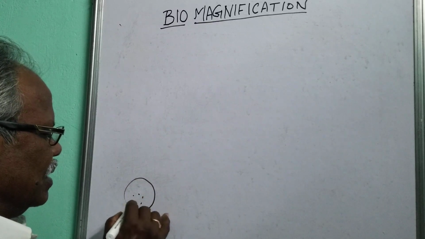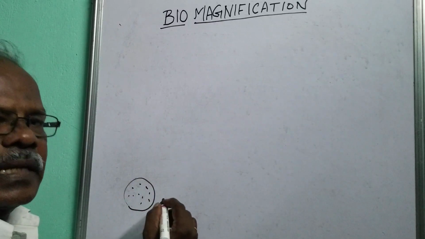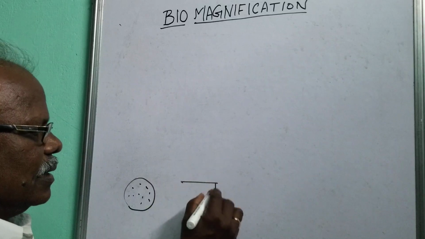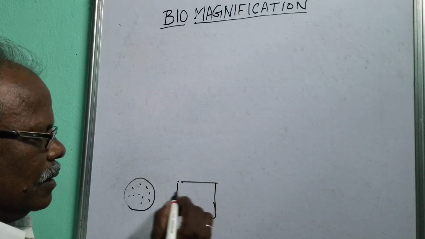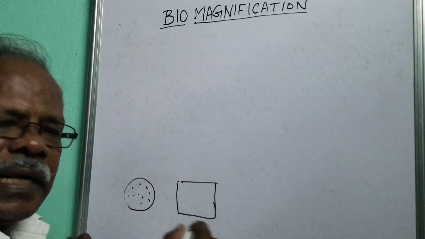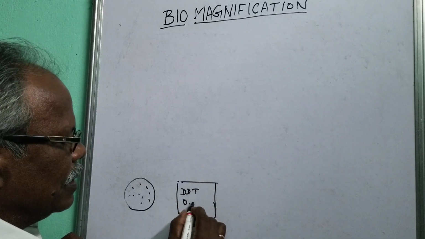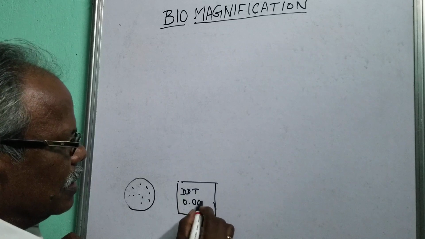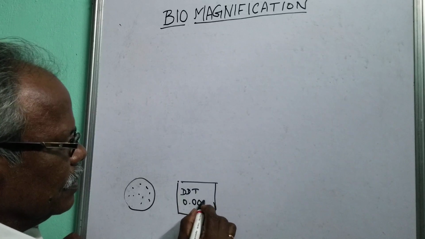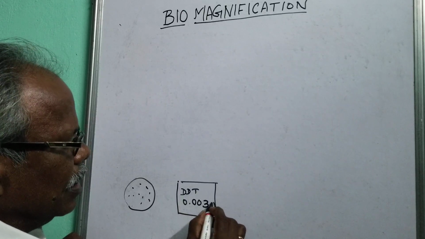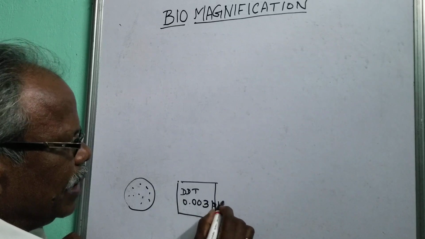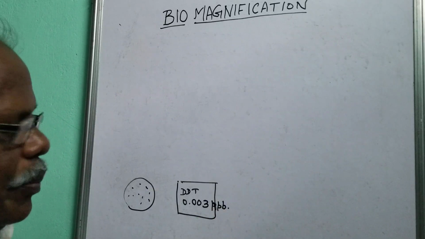In the water, the concentration of the DDT level is 0.003 parts per billion, ppb.